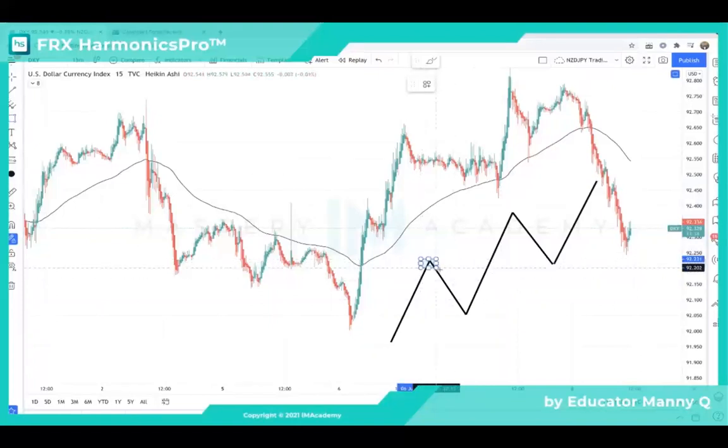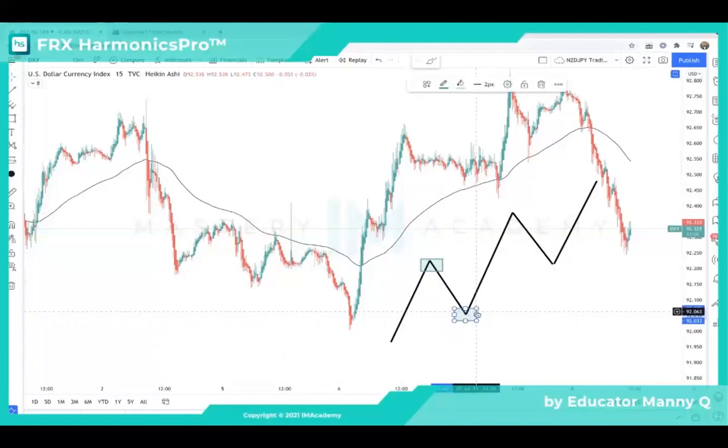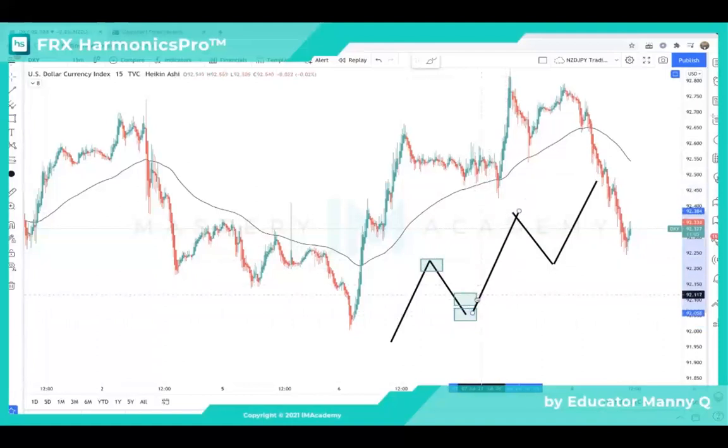So you can actually zoom down into a lower time frame. I'm just going a little slow because my chart is lagging. You can go down to the lower time frame and you will be able to find a market structure reversal at each of the swing points inside of the market.